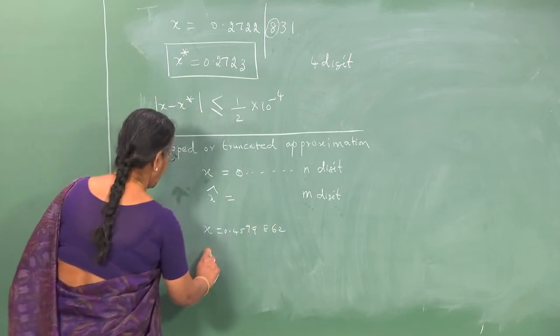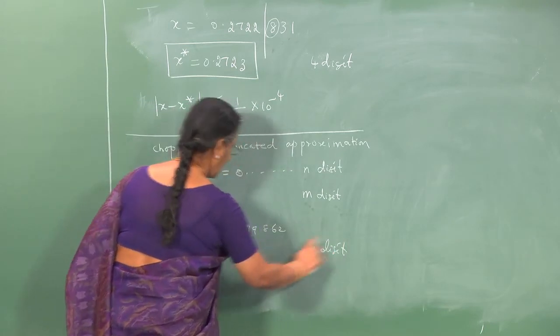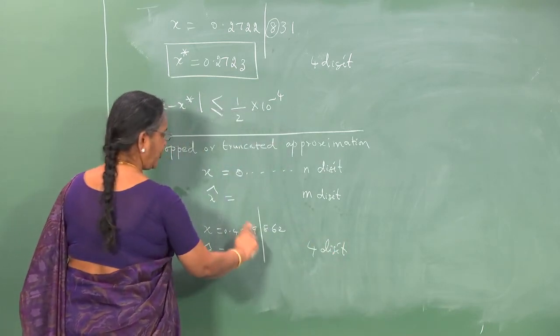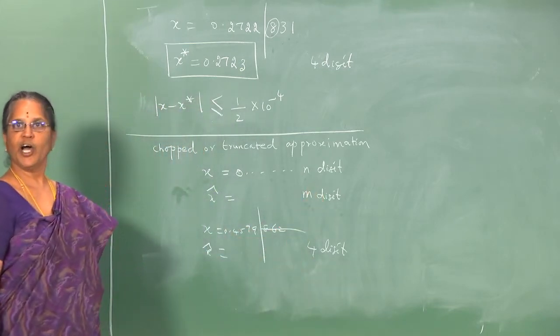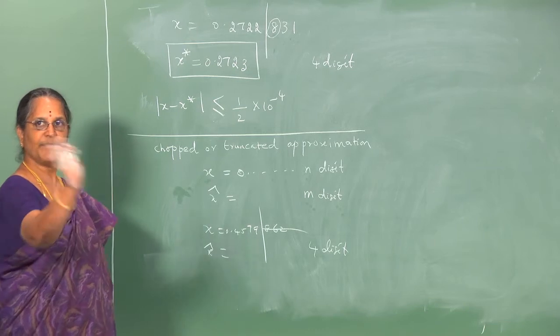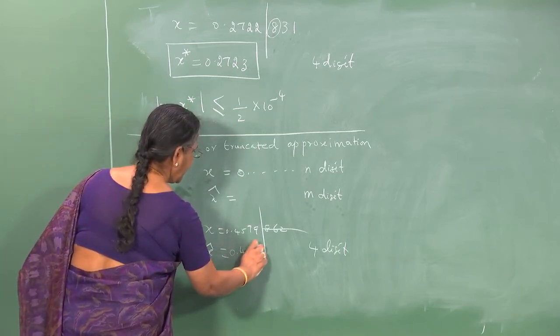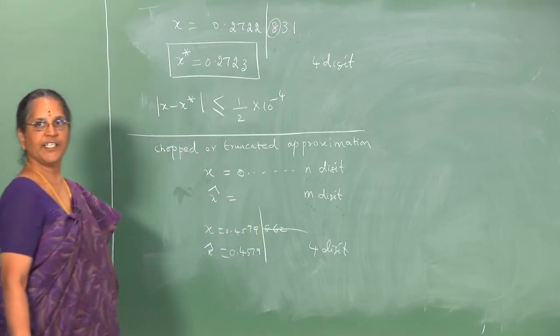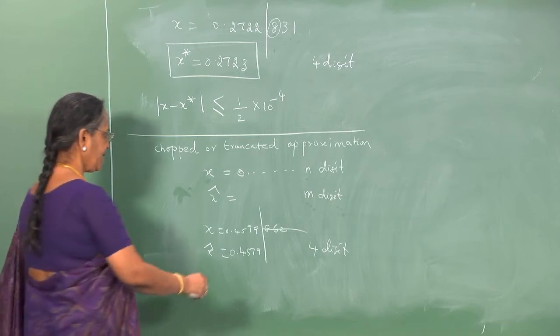What is x hat if I require a 4 digit decimal representation? I do not worry about what digits appear beyond the 4th digit. I simply chop them off, discard them, and write down the approximation as x hat equal to 0.4579.